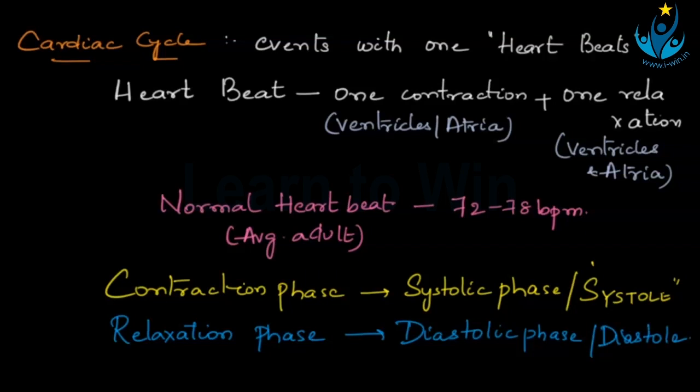Now, as we have said, there are events that are associated with a heartbeat. There are three major events that generate one heartbeat, which form the basis of the cardiac cycle. So what are the three events? The first one is atrial systole.